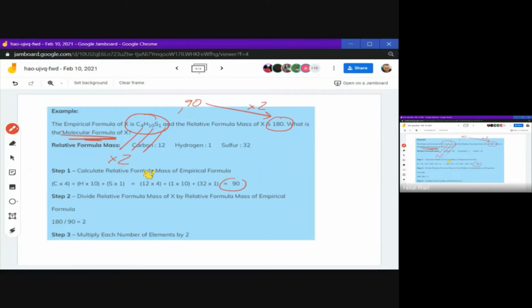And then you can double check it. Let's say we've made that step. Let's double check the formula mass of this molecule. What is 8 times 12? 96.